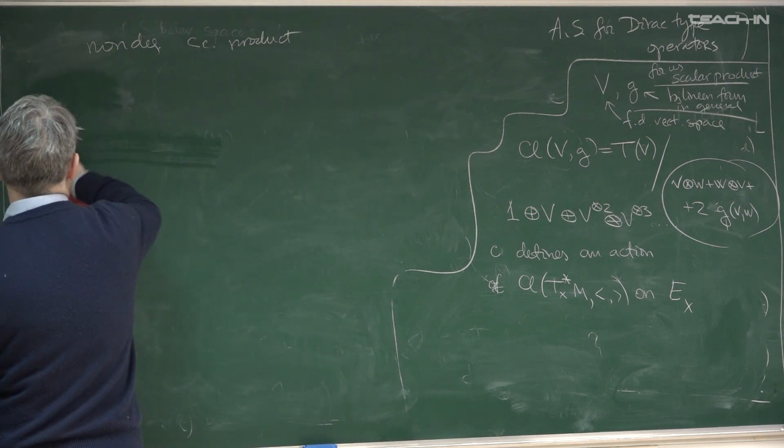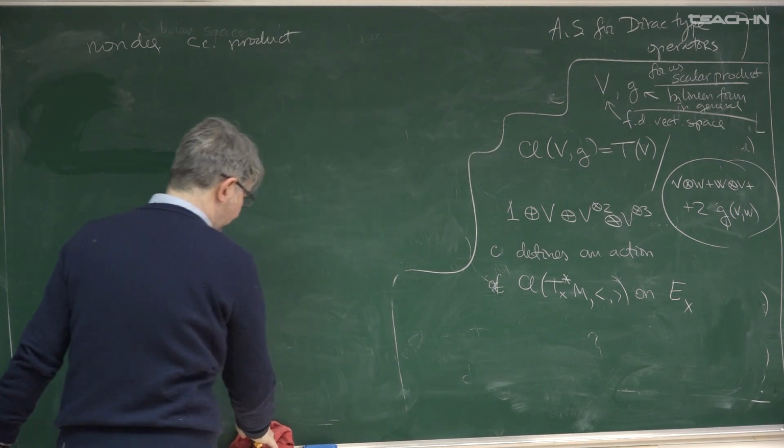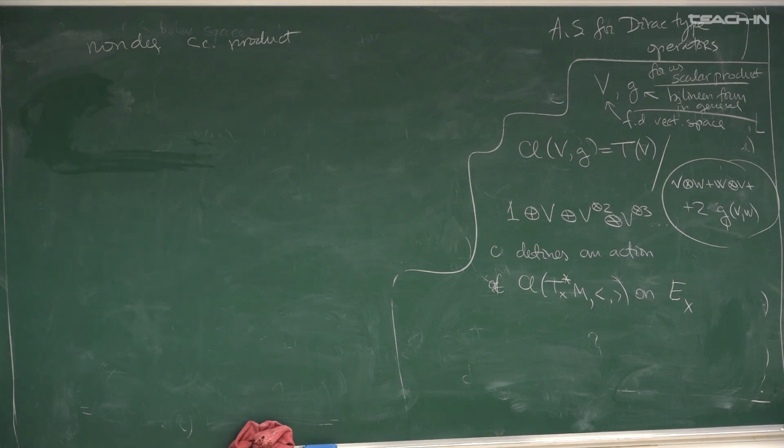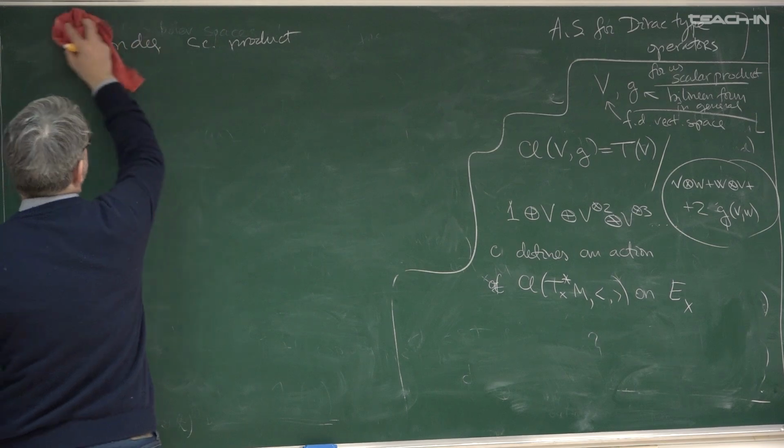So for a while I don't want to use the classification theorem. Let us discuss it in a more relaxed way. So we have time, okay. Let us introduce some notation.